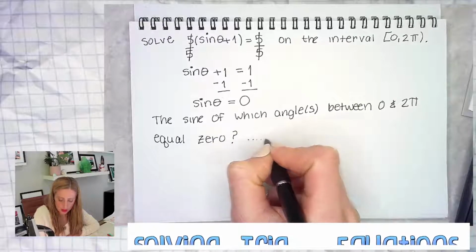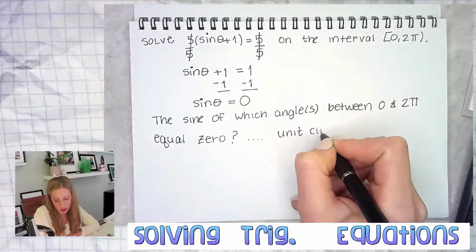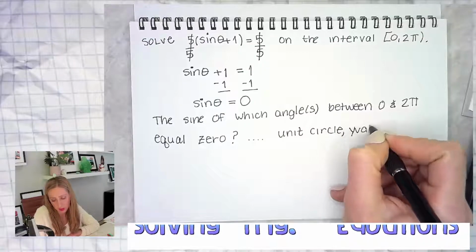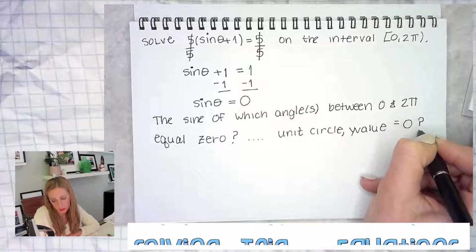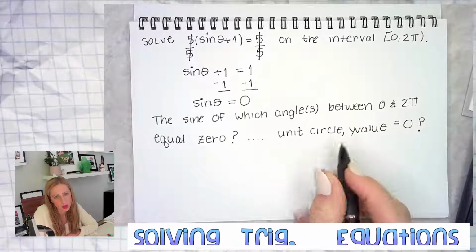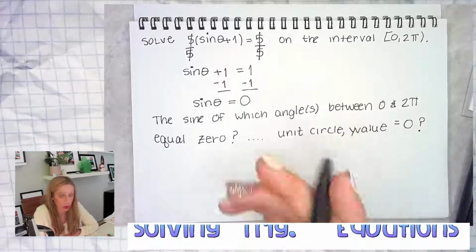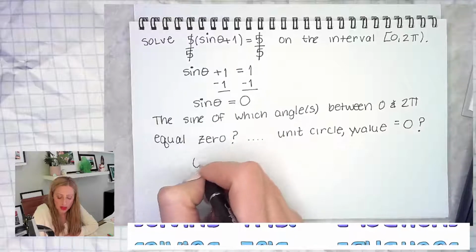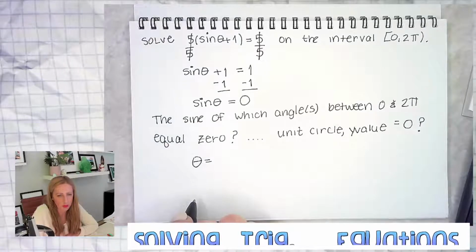Or you could even think to yourself, on the unit circle, where is the y value equal to 0? So which angles, or angle, maybe there's just one, maybe there's two, on the unit circle, what angle theta will give me sine theta equal to 0?